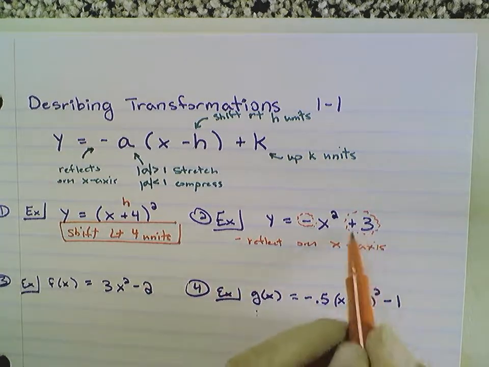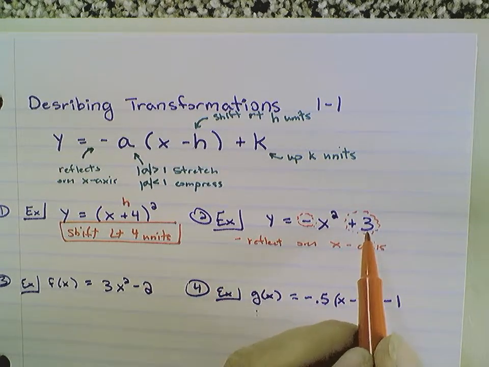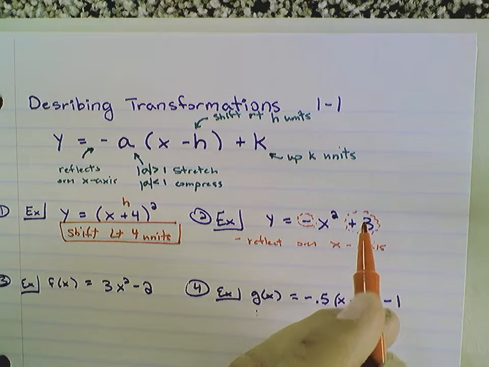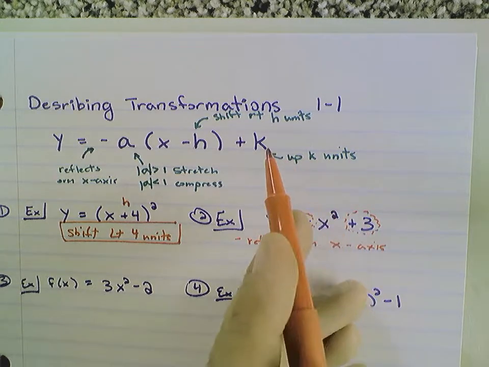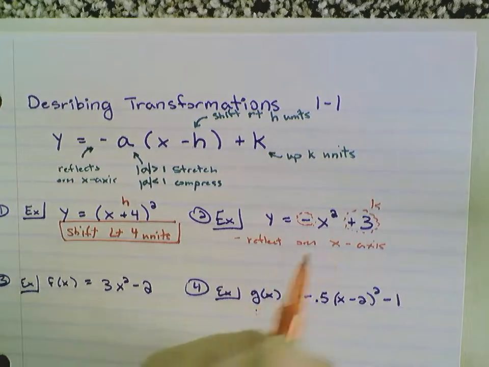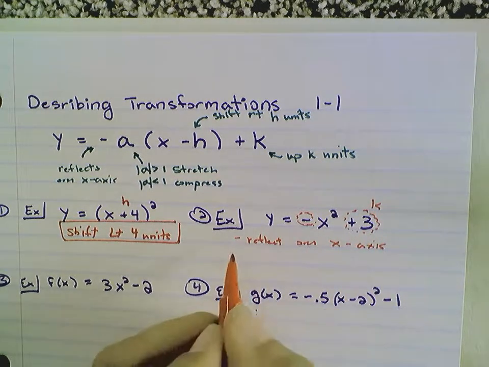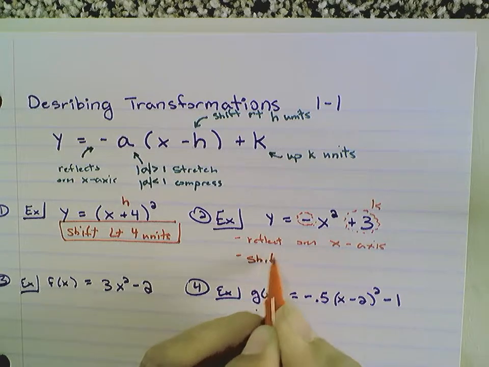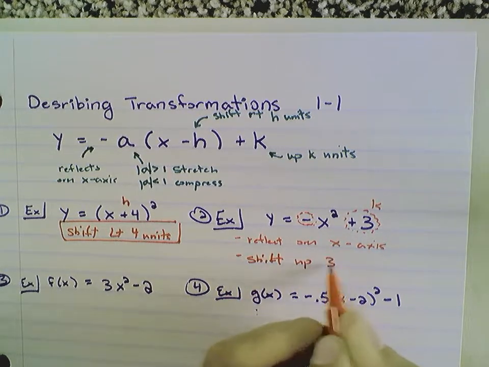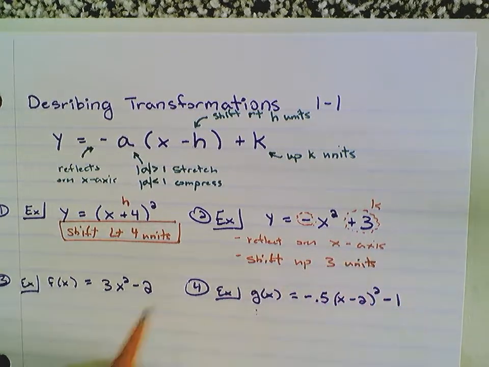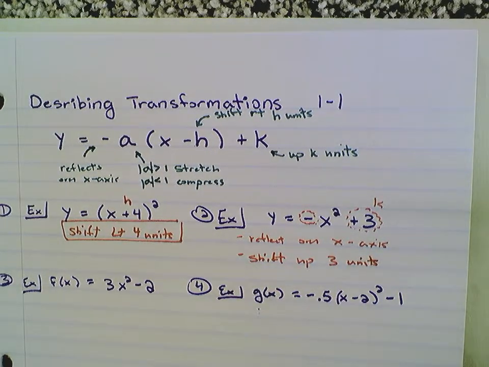And then notice I also have this plus 3, so I'm actually going to have 2 transformations on this one. The plus 3 is on the outside, so this time it is a k. And remember, k moves me up and down. It's positive, so it's going to move me up. So I'm going to get shifted up 3 units. Okay, so we can have multiple transformations in one problem.